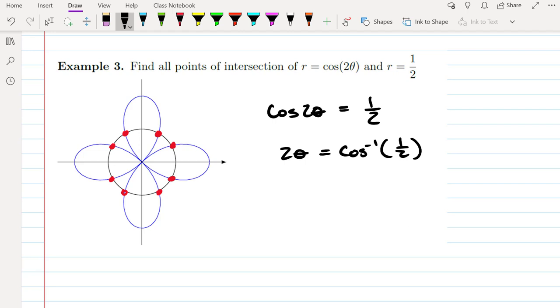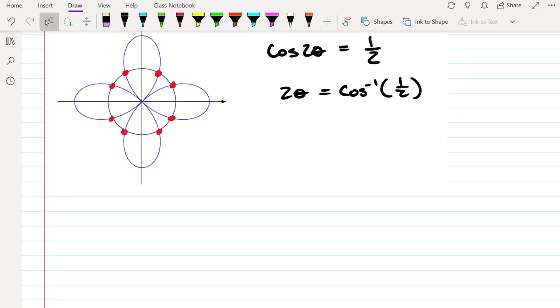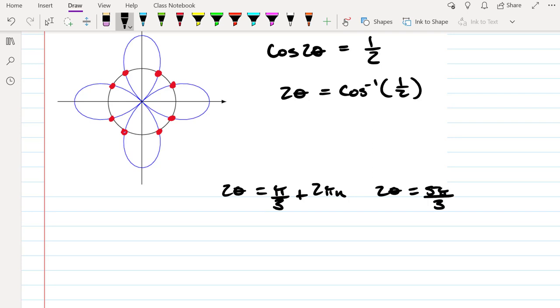And the inverse cosine of 1/2 gives us two solutions. So we get 2 theta is equal to pi divided by 3 plus 2 pi n. And we get 2 theta is equal to 5 pi over 3 plus 2 pi n.